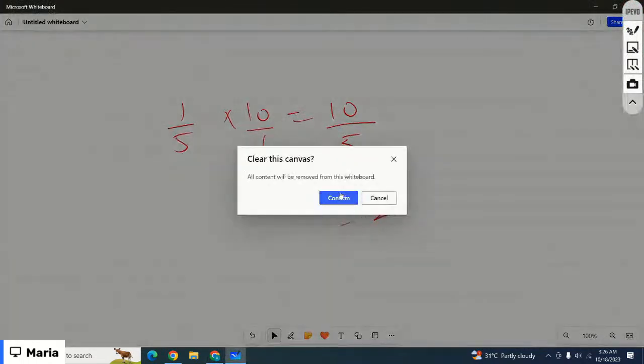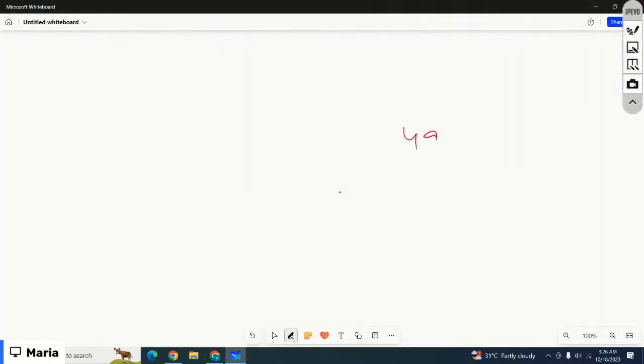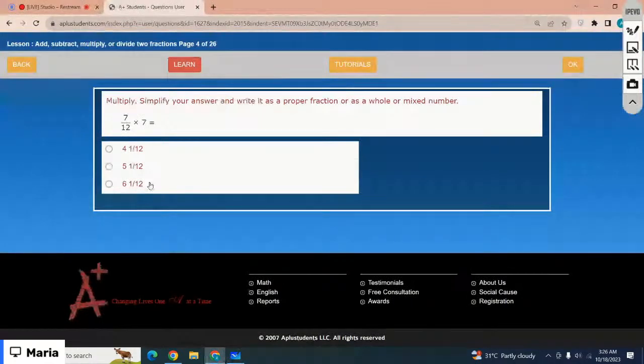Oh, that is 2. 49 over 12. So 12 times 4 is 48 and 49 minus 48 is 1. So the correct option is 4 whole 1 over 12, right? That would be option number 1, right?